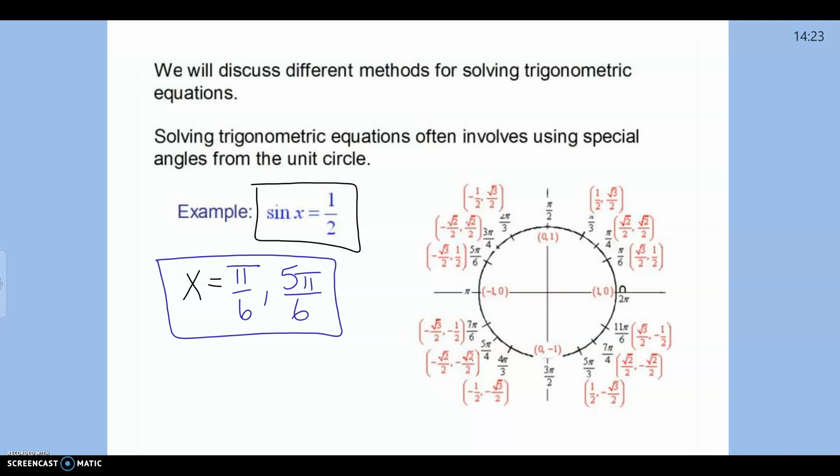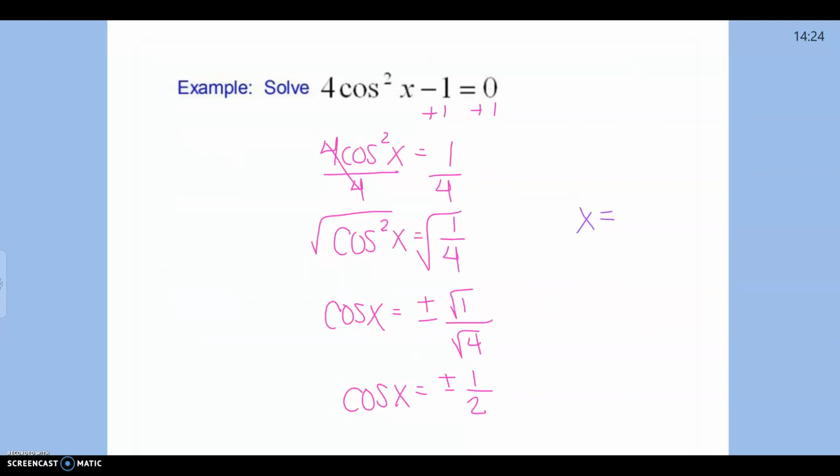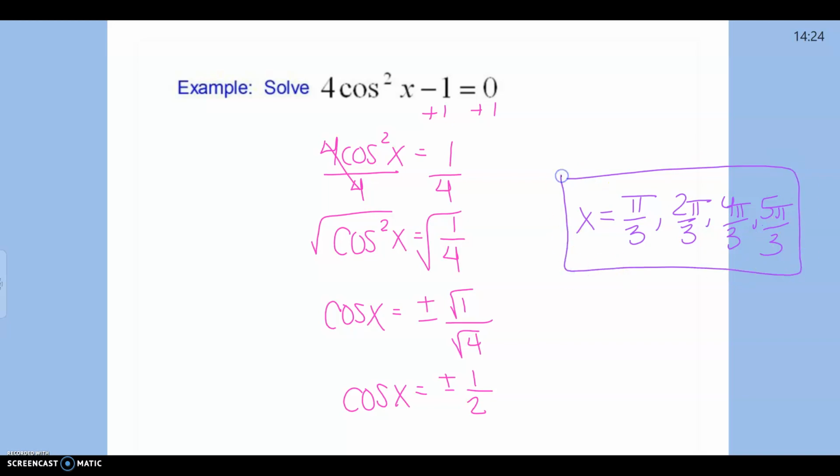That could be here at pi over 3, it could be here at 2 pi over 3 because it can be positive or negative, it could be at 4 pi over 3, and it could also be at 5 pi over 3. So really our answer is everything over 3: pi over 3, 2 pi over 3, 4 pi over 3, and 5 pi over 3. And that's because it was a plus or minus.